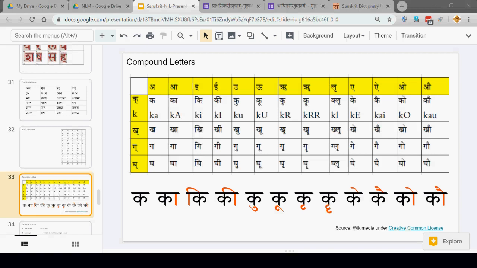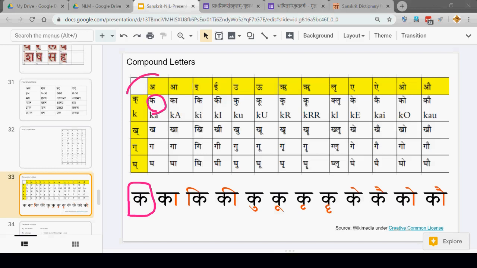When I say k sound, I am actually adding a, because I cannot pronounce it without adding a to it. So when we add a sound, it becomes ka, the simple pronunciation, and it is written in Devanagari as shown here or here.